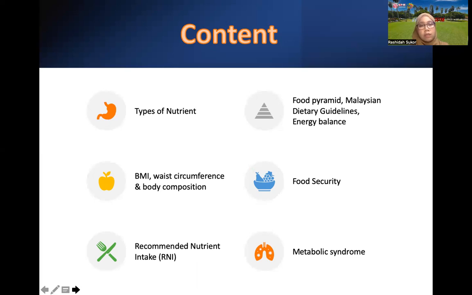We will talk a little bit on how nutrition is also affected by food security, and also the recommended nutrient intake, the RNI.